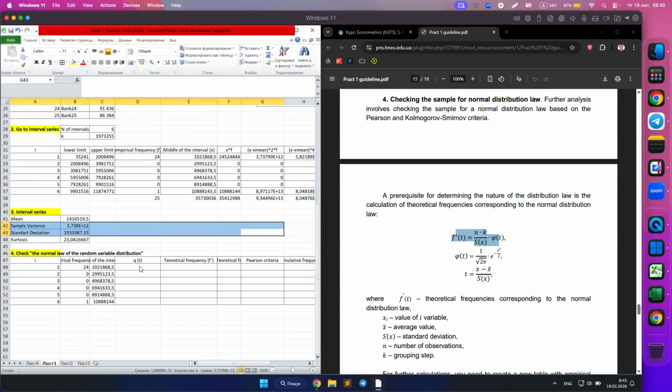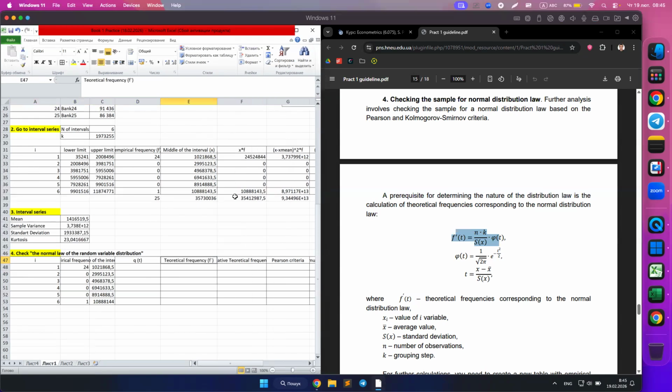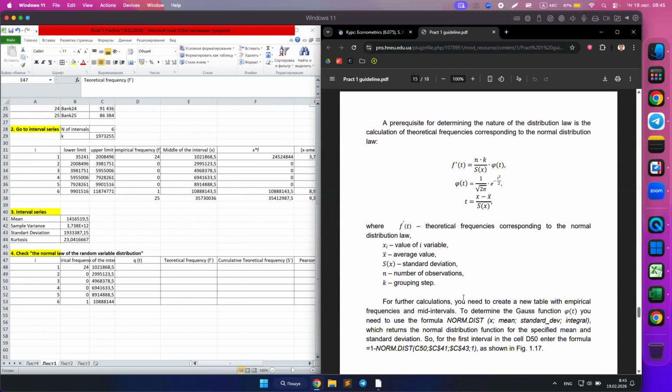So we have phi from t, we have theoretical frequency, cumulative theoretical frequency. All of these values you can find in our personal training system, in our PNS, where we can recalculate all of these factors.